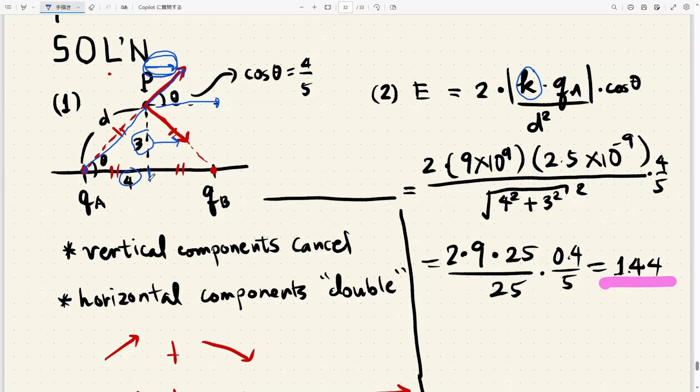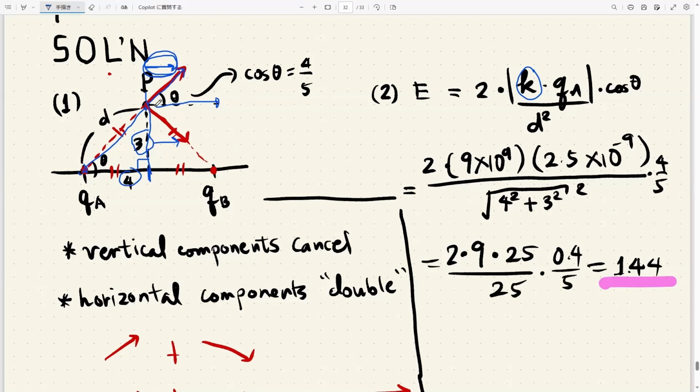That's from P. And this is a right triangle, so there's 4, 3, therefore this distance here is 5, right? 4 squared plus 3 squared, you get a square root of that. It's from the Pythagorean theorem, and that's 5. The distance here is 5 from Q to P. And so we get 5 squared here.